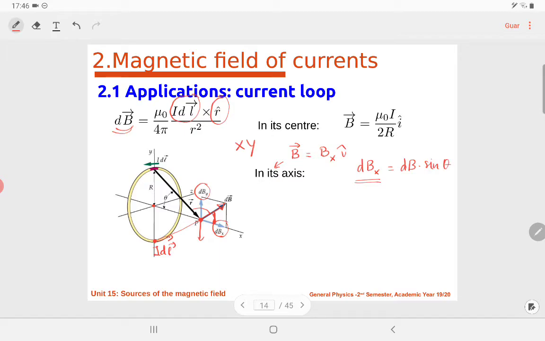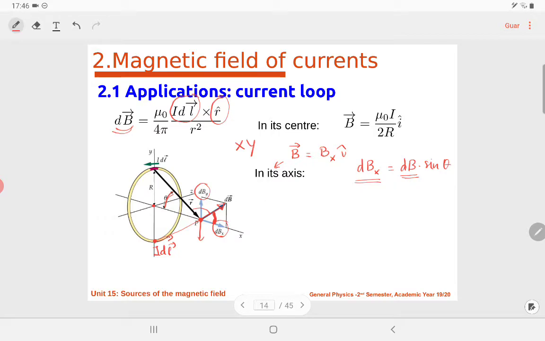Yeah, this one. Okay, so we would just have to integrate this. Well, first derive this expression.